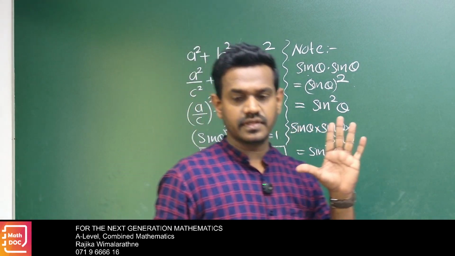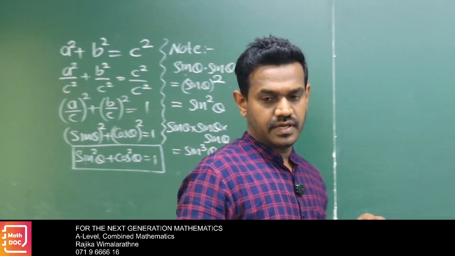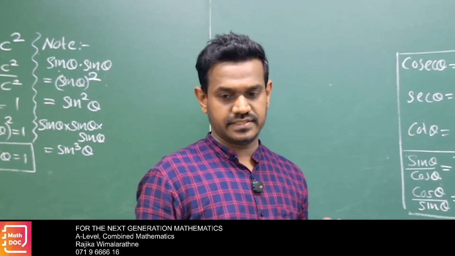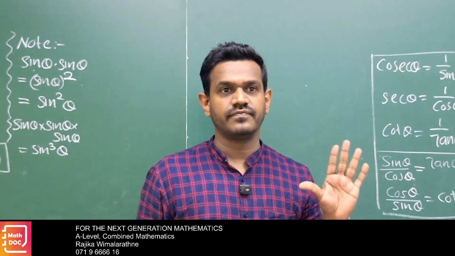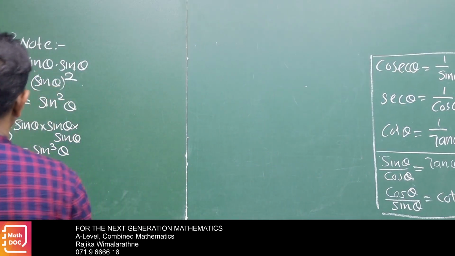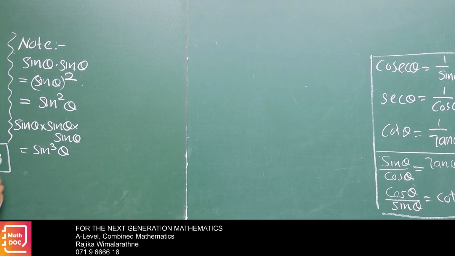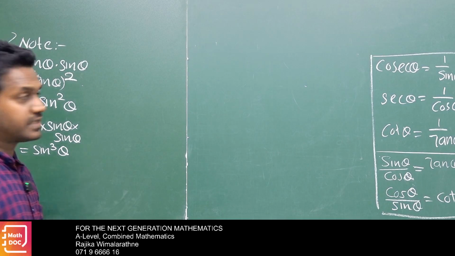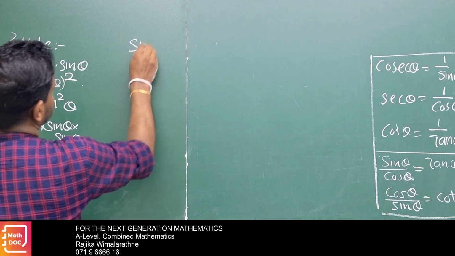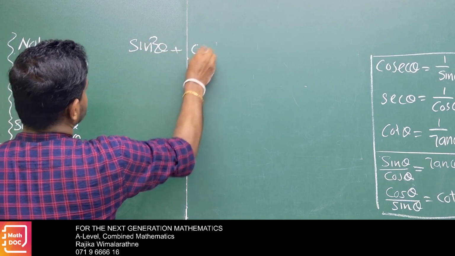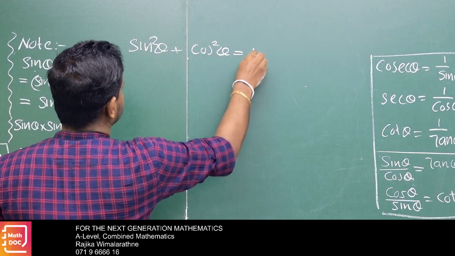Okay, now see, again we have another two relations. Check this now. Here, sin square theta plus cos square theta equal 1.